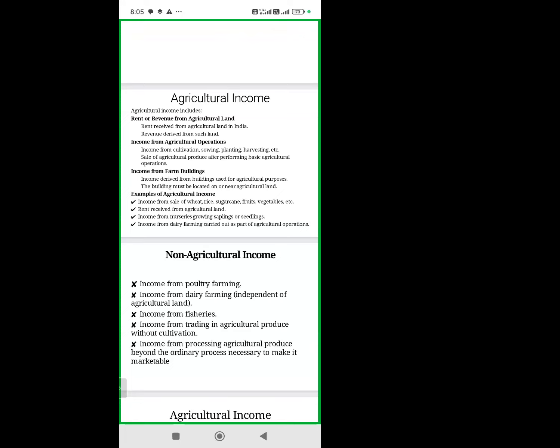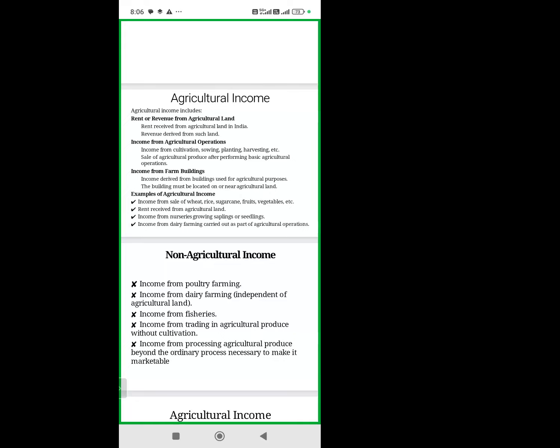Any activity which is undertaken in terms of harvesting, cultivation, planting, sowing, and with which income is generated, that income is considered as income through agricultural activities, and in short we call it agricultural income.